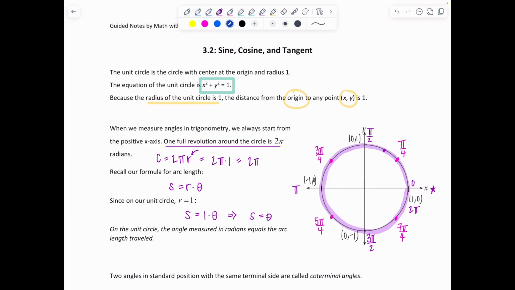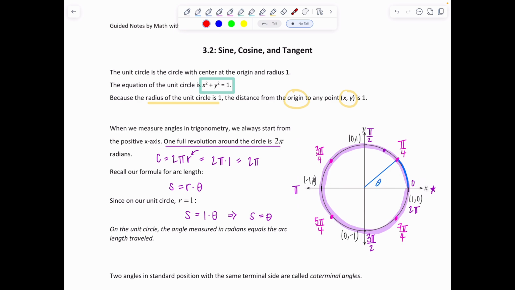Let me explain what's going on here. The arc length is the portion of the unit circle that's getting traced out, and the angle theta is in here. So if we say pi over 4 radians, that means starting at the positive x-axis, you sweep out pi over 4 up to here.